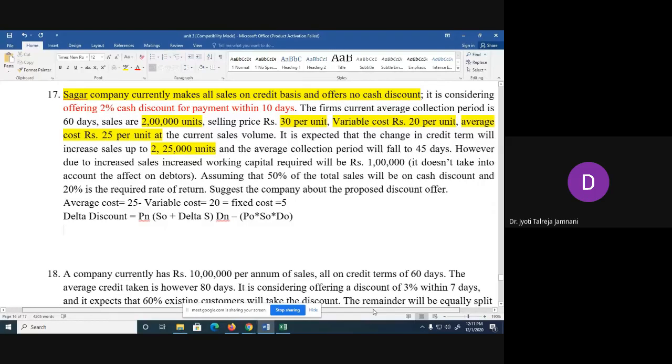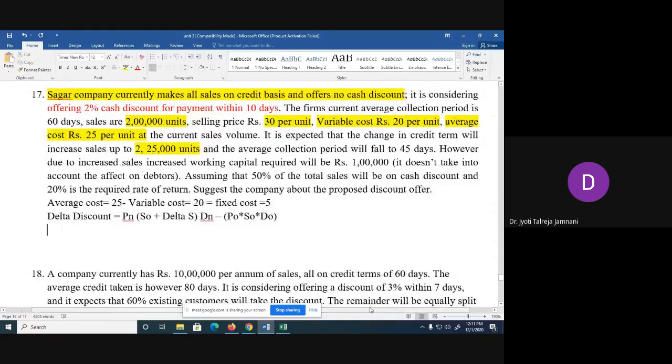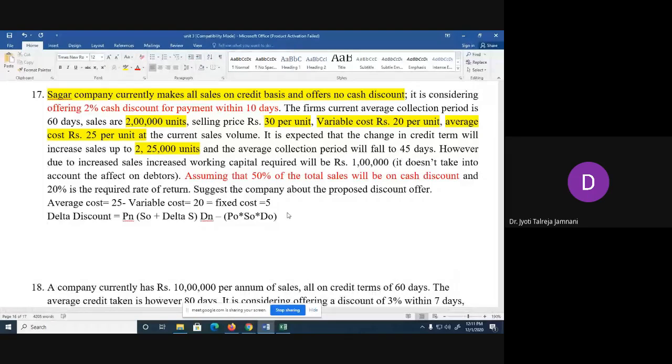Just check what's the proportion. See here, assuming that 50% of the total sales will be on cash discount. So that means 50% of the customers are ready to take cash discount. So here delta discount is equal to 50% means 0.5 into S naught plus delta S. S naught is the actual sales and delta S is the increased sales.